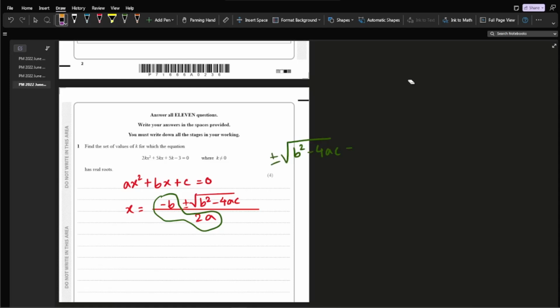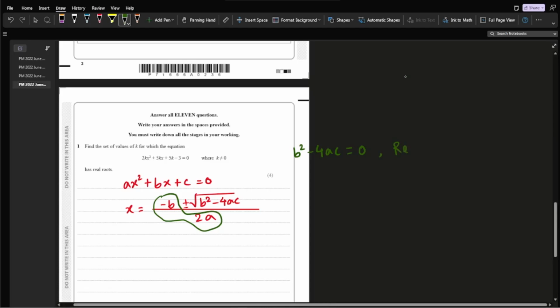So when b squared minus 4ac equals 0, roots are real and rational, as square root of 0 is 0.